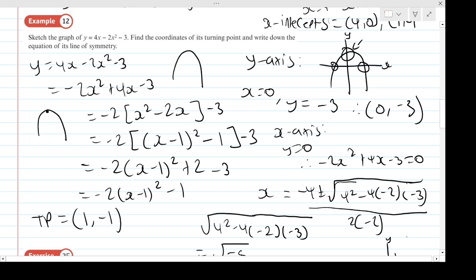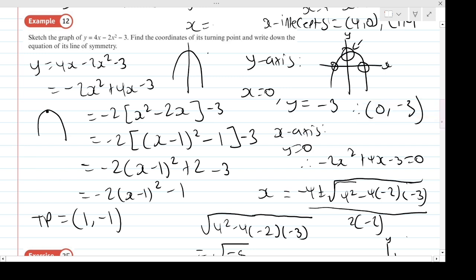Again, another useful point. So the line of symmetry is going to be a vertical line, so that's going to be mirroring the y-axis. So it's going to be x equals something, isn't it? Because if you have a vertical line, that's occurring for some particular x value. So it's going to be x equals something for the equation of the line of symmetry, and it's going to go through the turning point.